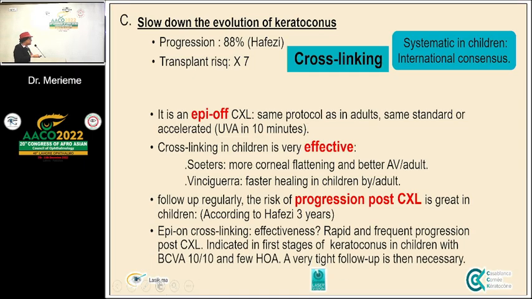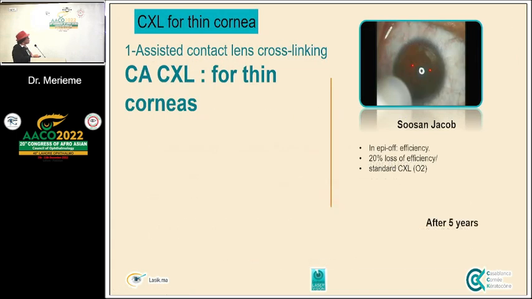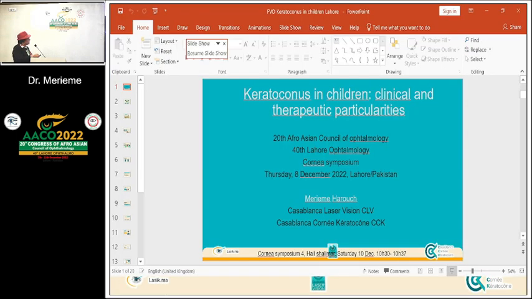If we want to do epi-on in children in first stage with visual acuity 10/10 and with close follow-up. The close listing for thin cornea.